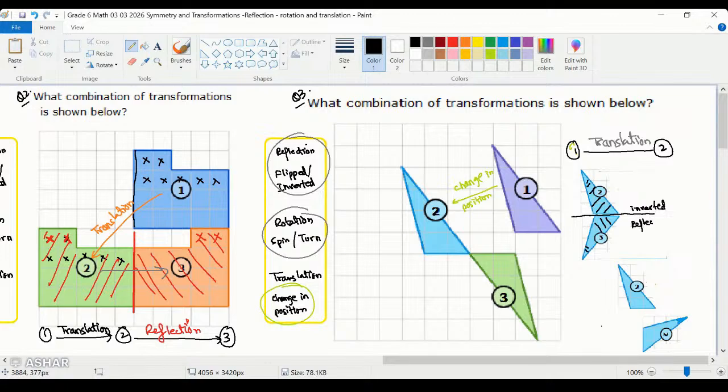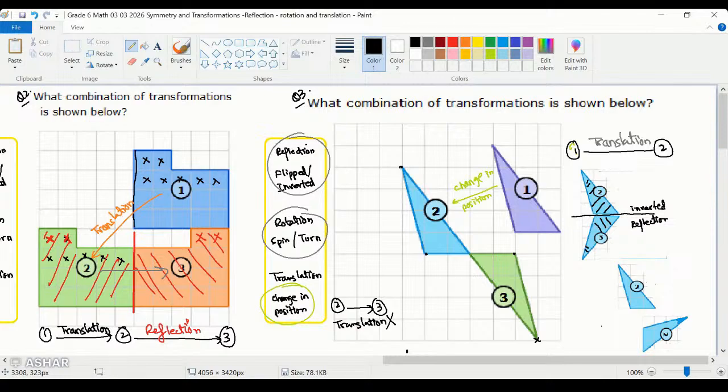But we can see that this point has moved far away, and this point is not below it. It has moved far away over here. So we go the other way around. From shape number 2 to 3, it cannot be translation, right?